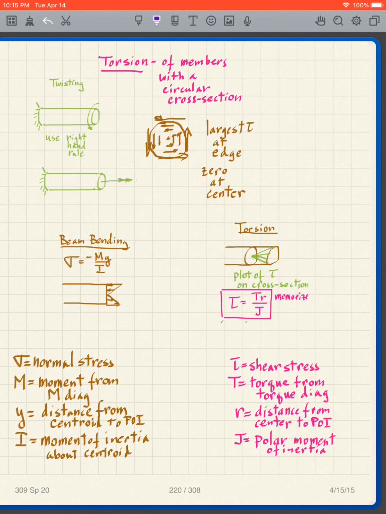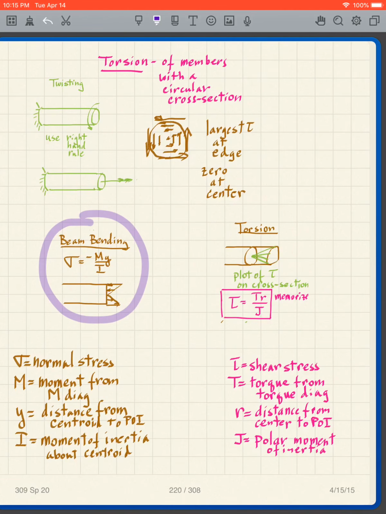We've seen something similar to this when we looked at beam bending, in the sense that we had 0 at the center and the greatest at the edges. That was our sigma, and we had that expression, sigma is equal to minus My over I. I did the derivation for the sigma.